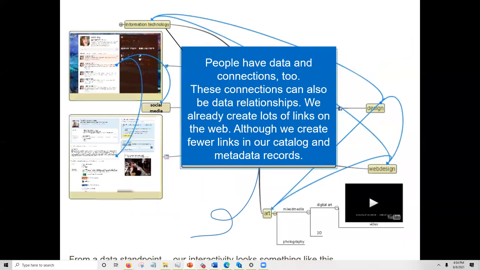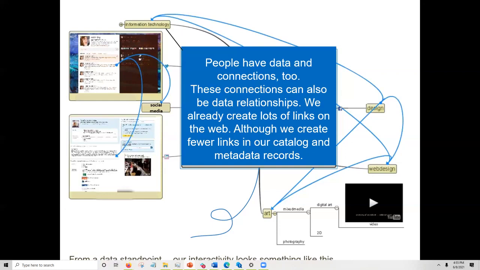Of course, people have data and connections too. A long time ago, I did this kind of fun mapping thing that would look at all your social media and map you into topics you talked about. I put more of my art stuff in there, but information technology, that's where the cataloging metadata stuff got put into a bucket. If you clicked on it, it would break down and show you cataloging and stuff like that.